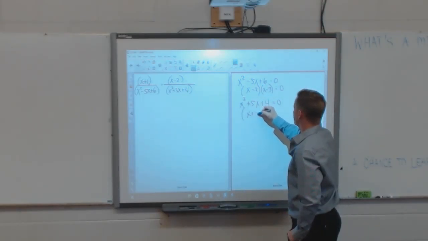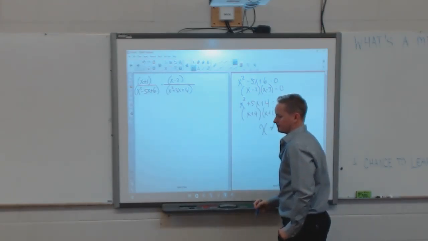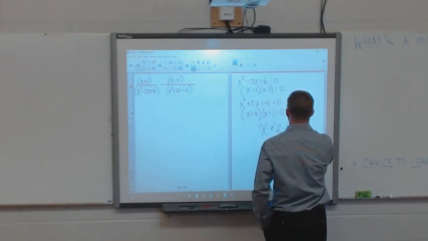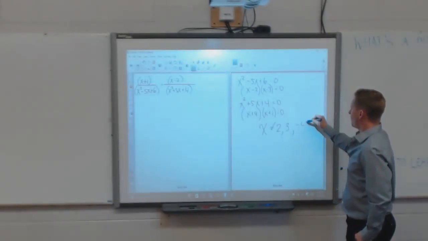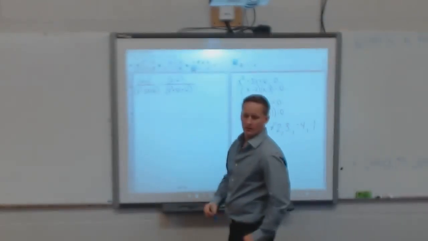This one is x plus 4, x plus 1 equals 0. X cannot equal what? 2, 3, minus 4, minus 1. So there you go. Okay?